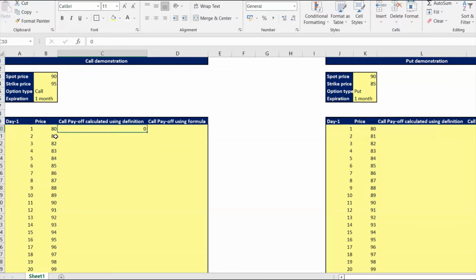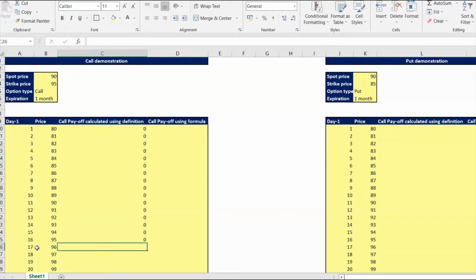Likewise, if we see these values all the way till 95, we will prefer buying directly from the market instead of exercising a call option. So till 95, your option payoff would be zero.